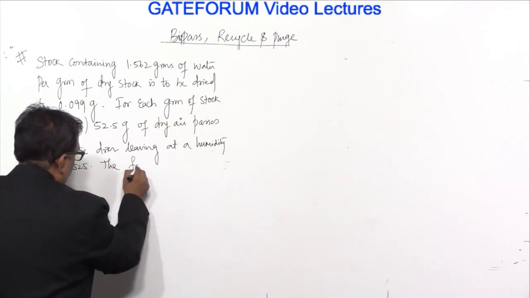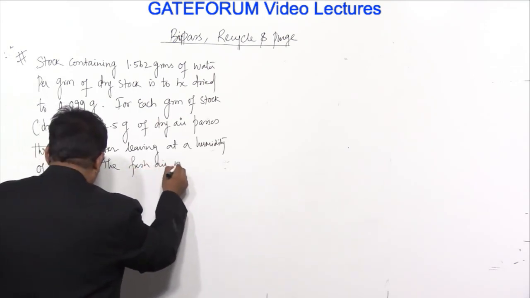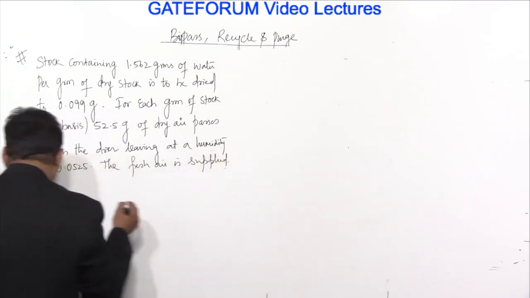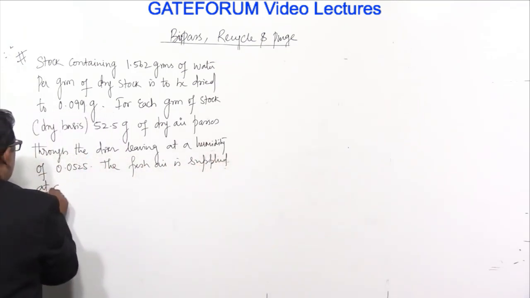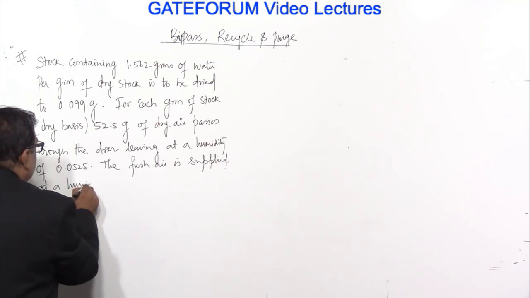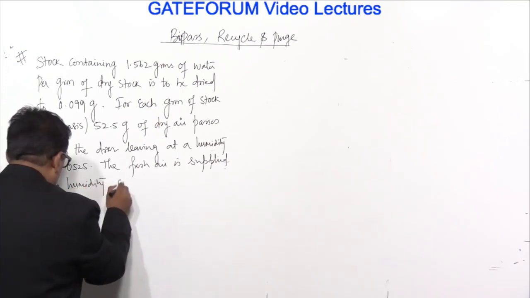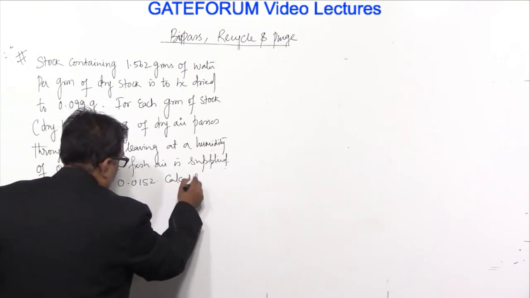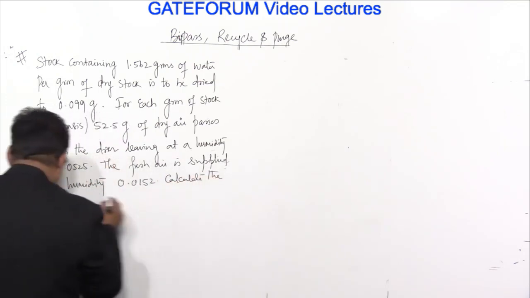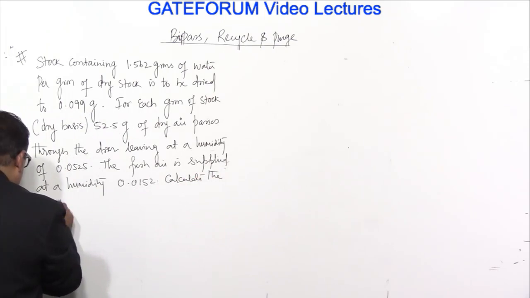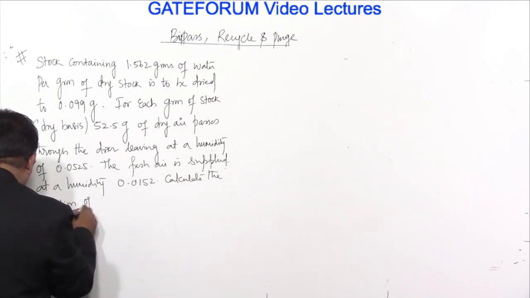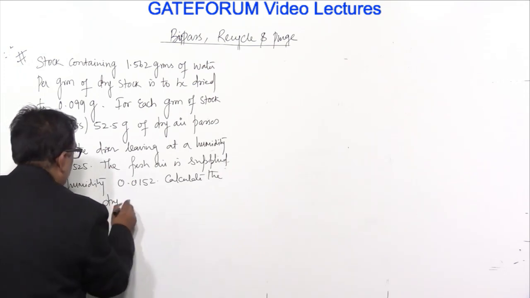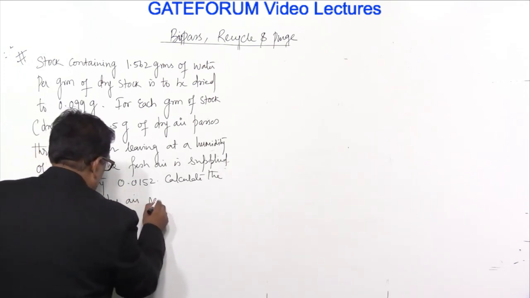The fresh air is supplied at a humidity of 0.0152. Calculate the fraction of dry air recirculated.